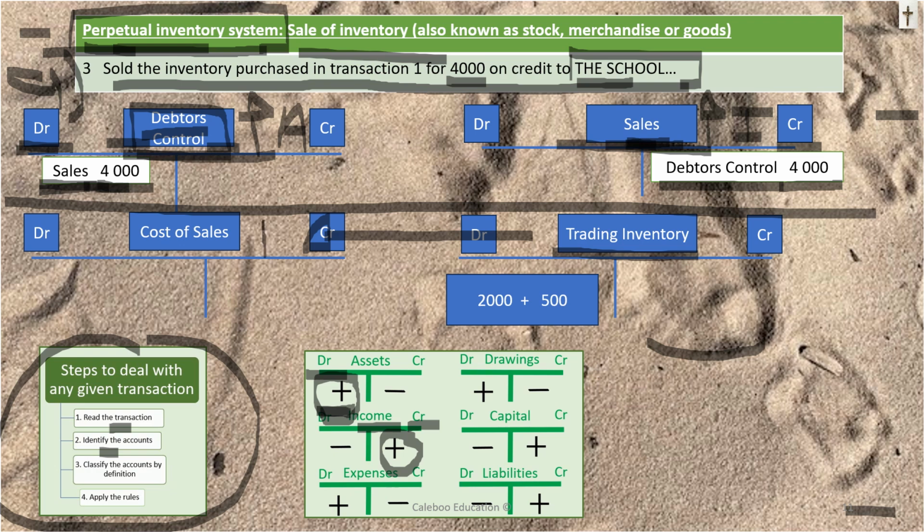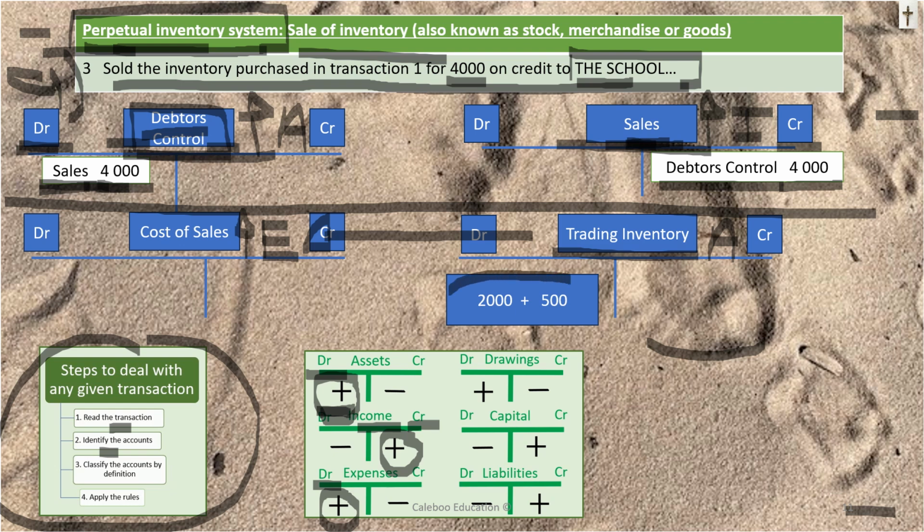So cost of sales is an expense. The expense has increased, and the rule says an increase in expense, debit the account. Now trading inventory is an asset.